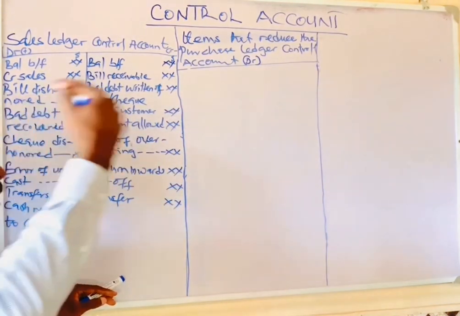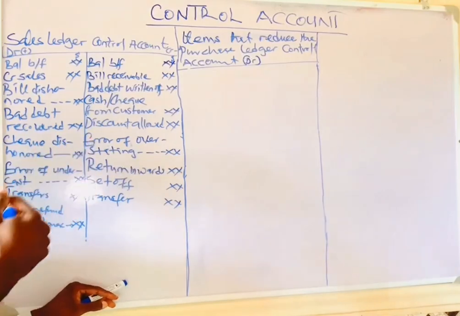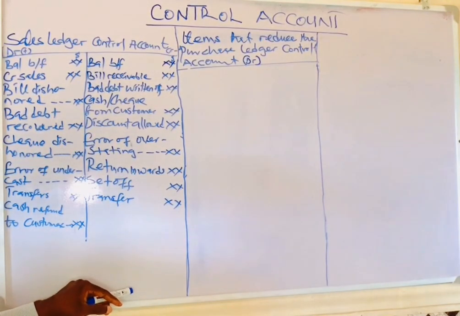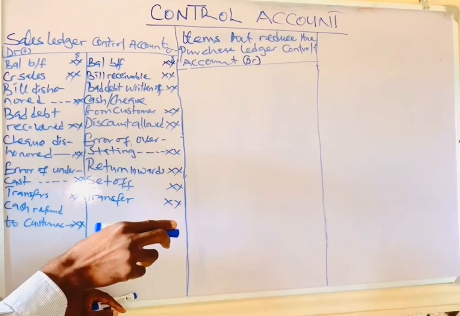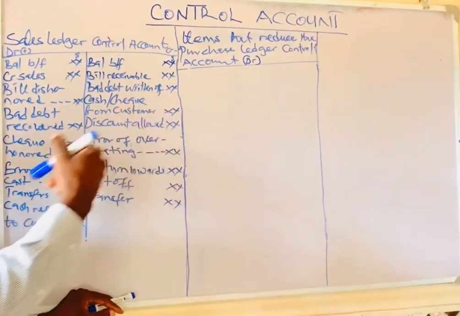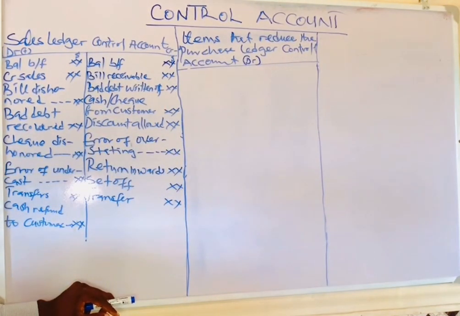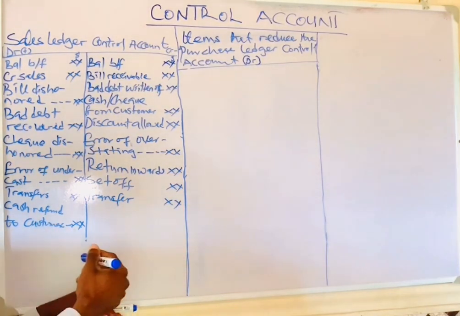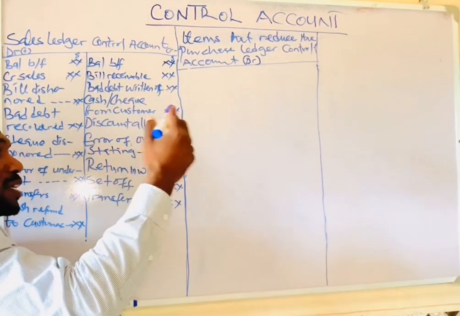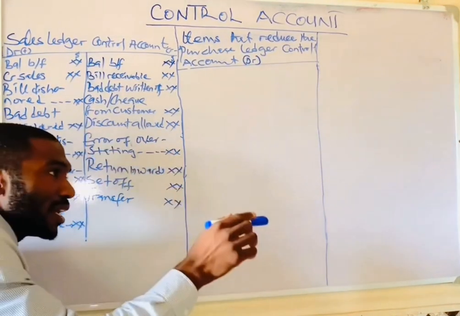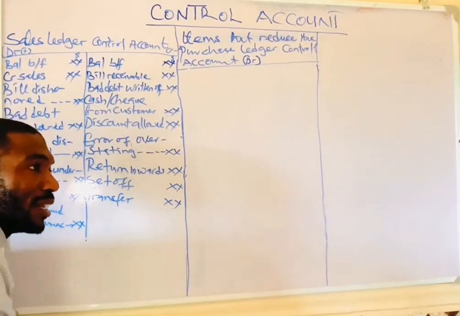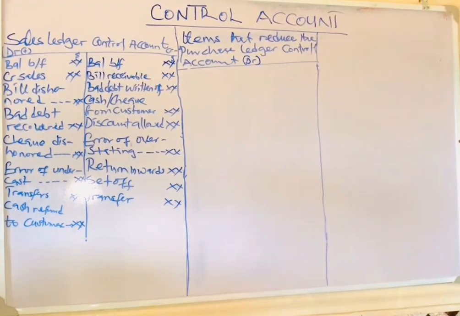So when we pay, it will reduce the balance that we owe our suppliers. I hope you are getting it. When we receive another item or goods in addition, it will add to our credit balance with the creditors. So it's the opposite. When we receive, it will add. When we pay, it will reduce our balance with the creditors.